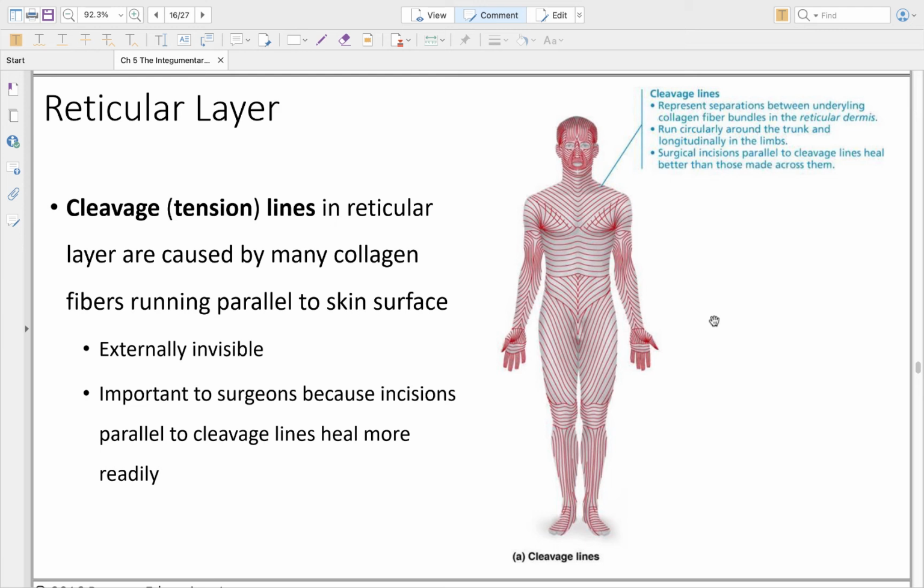They run these incisions parallel to cleavage lines because they know that if you cut in the direction of these lines, such as, let's say this way, shoulder surgery, it's going to heal a lot faster rather than if they were to cut a different way.